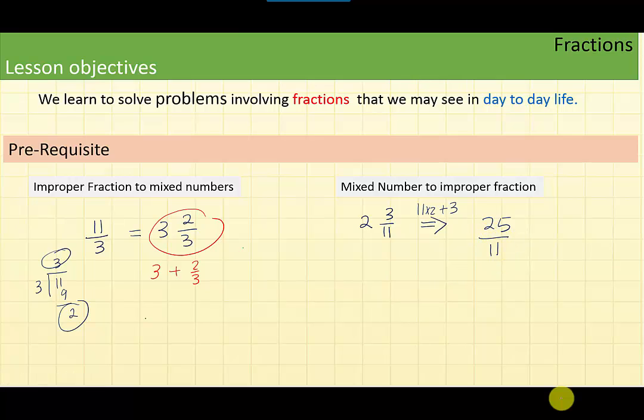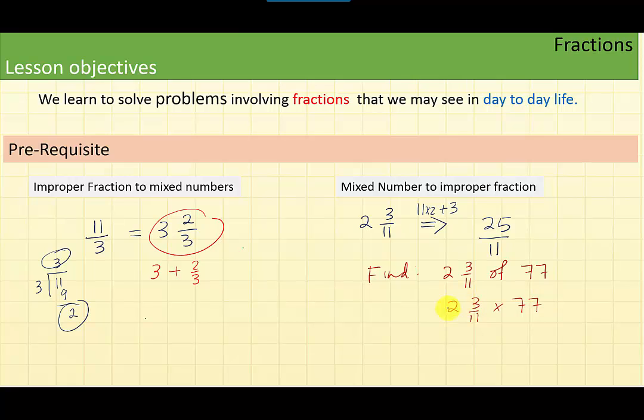Now suppose somebody wants to find 2 and 3 over 11 of 77, if this is a question. Now "of" means multiplication, so I want to find 2 and 3 out of 11 times 77.